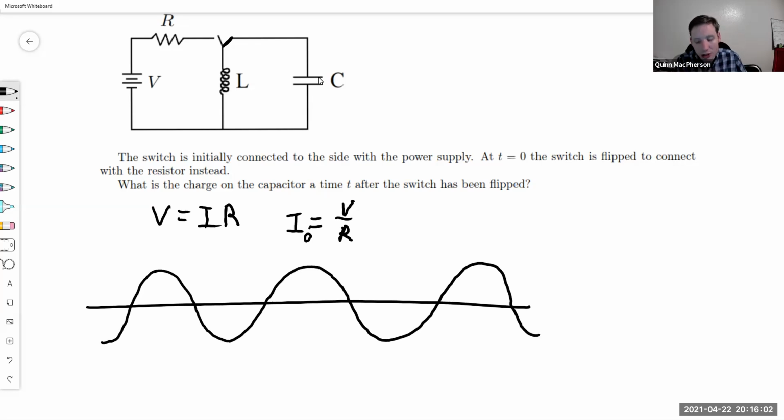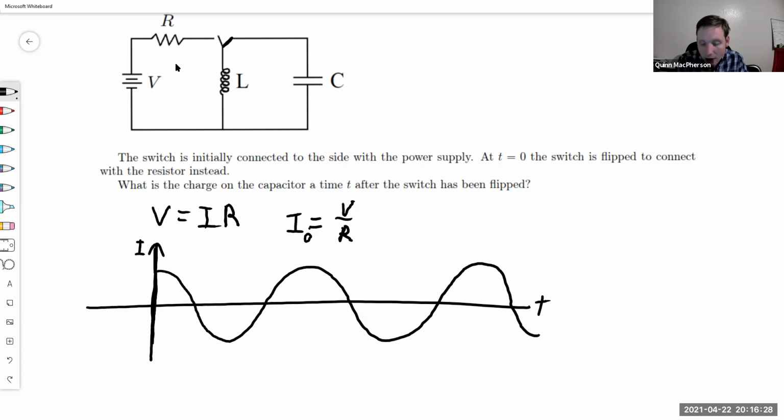Now the question is, when does it start? At t equals 0, is it a high current? We're plotting current as a function of time. Is it a high current at the beginning, or a low or zero current, or a negative current? Well, it starts out with the maximum current. So we can plot the axis here.